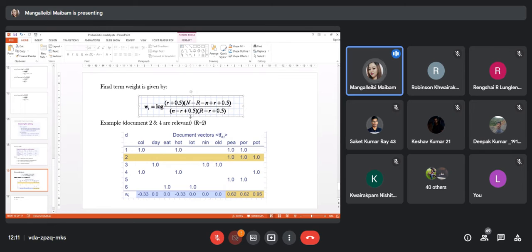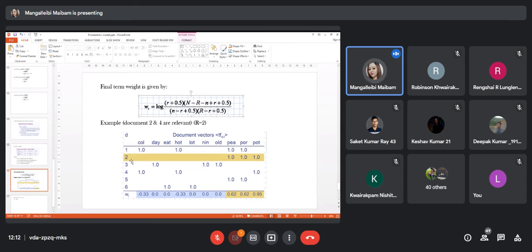Whereas small r is the frequency of the particular term in the relevant documents. We only have to check in the relevant documents whether a particular term is present. This is also a kind of document frequency, but this frequency is checked only in the relevant documents, not in all the documents. So that is the only difference.